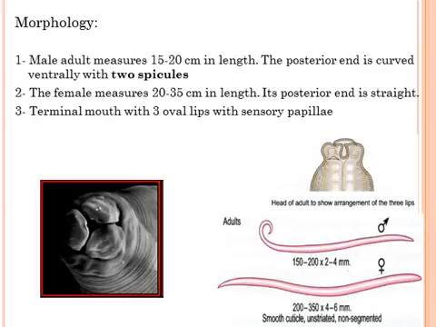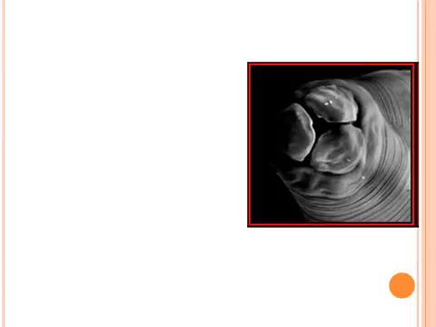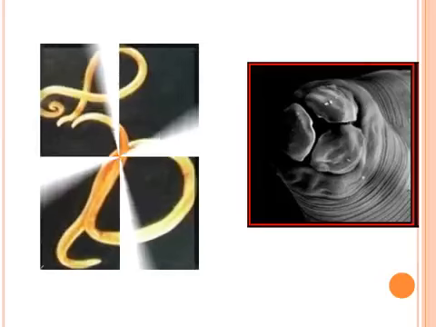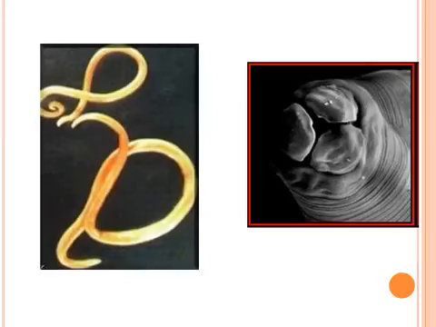The mouth has three oval lips with sensory papillae. Again, that's the anterior end of the adult, containing 3 lips. The female is longer than the male, and the posterior end of the male is curved in shape.